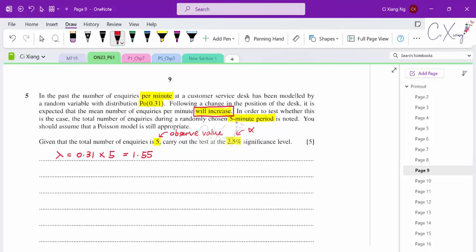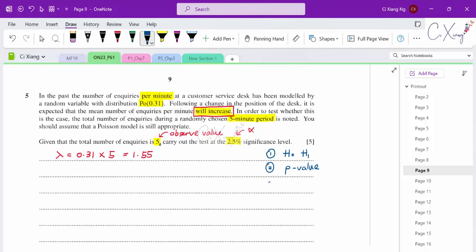Okay, so after you find out the mean already, or the lambda, so you can start to carry out the test. Okay, so just a very quick recall about all the steps that we need to include in our hypothesis test, yeah? So of course, for the first step, you have to set up the null and also alternative hypothesis. So for the second step, you need to calculate the p-value by yourself. So how to calculate the p-value? Using the observed value, and usually it will be given in the question.